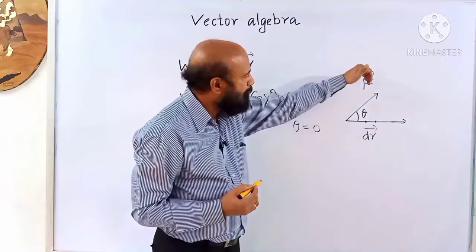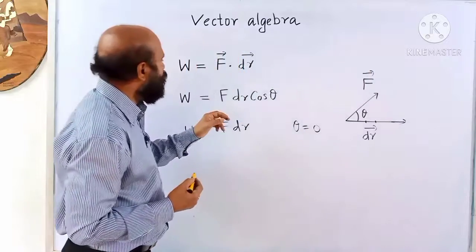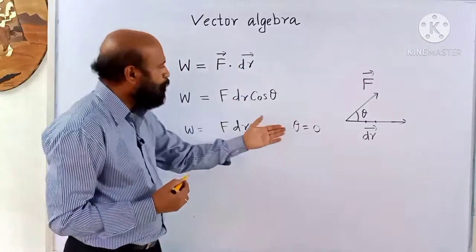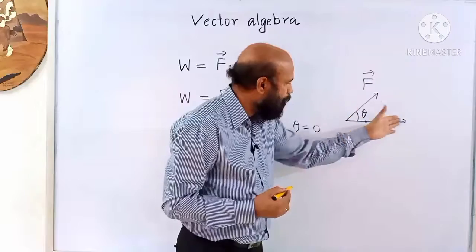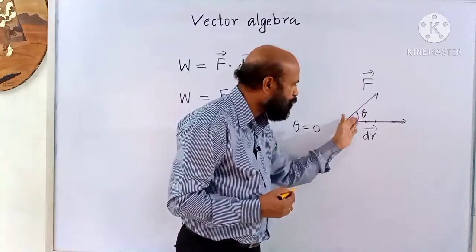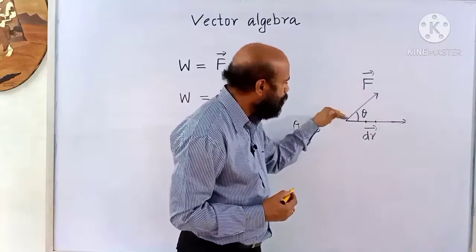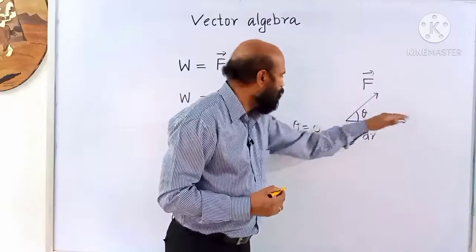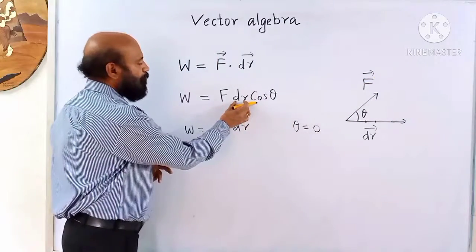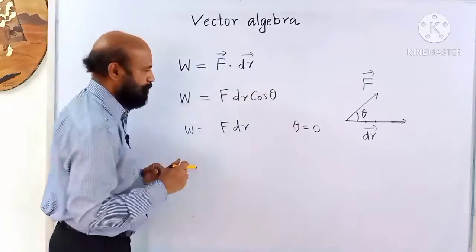If force is in some other direction, we have to multiply the component of the force in the direction of the displacement. This is the direction of the displacement. So F cos theta, this is F. So this will be F cos theta. So dr we are multiplying by F cos theta.